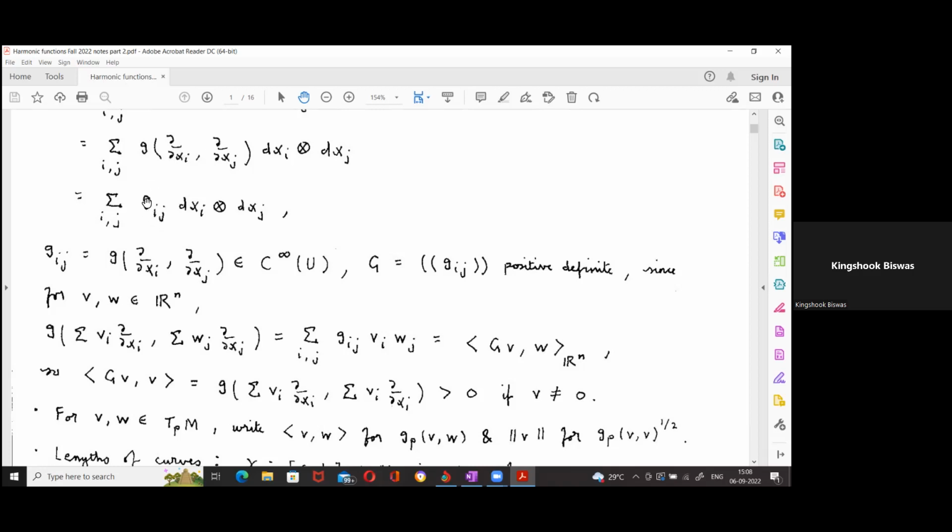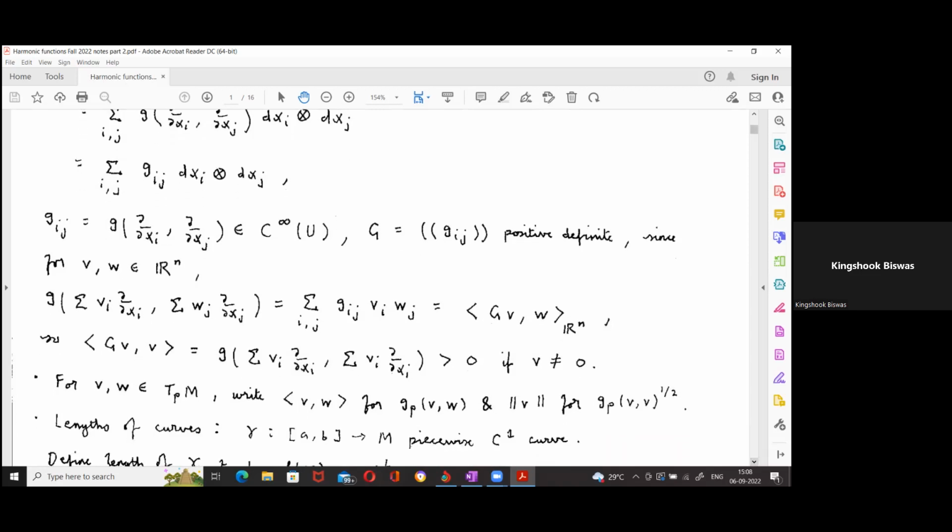Let me call this matrix capital G. And this capital G is positive definite because if I take any two vectors V, W in R^n, then what is g of (summation Vi del del xi, summation Wj del del xj)? By bilinearity, this is the sum over ij, g_ij Vi Wj, right? And this is equal to the Euclidean inner product of GV with W, right?